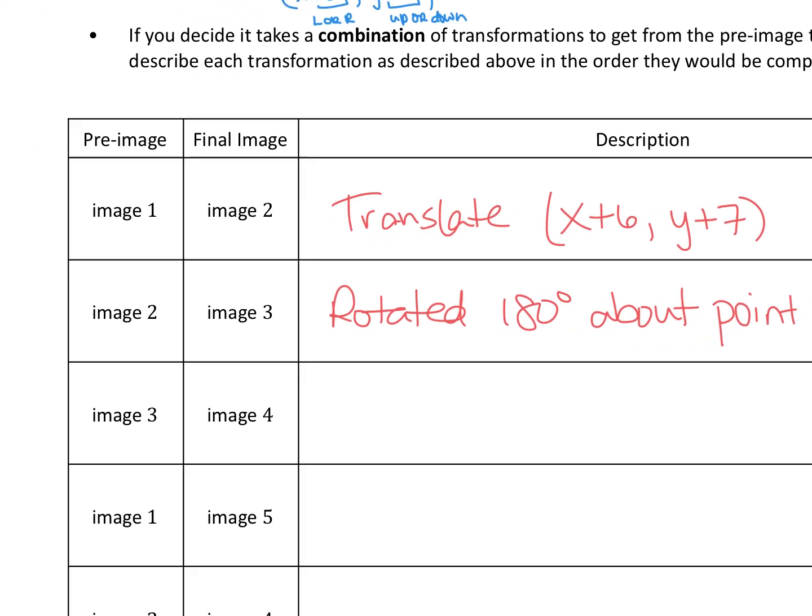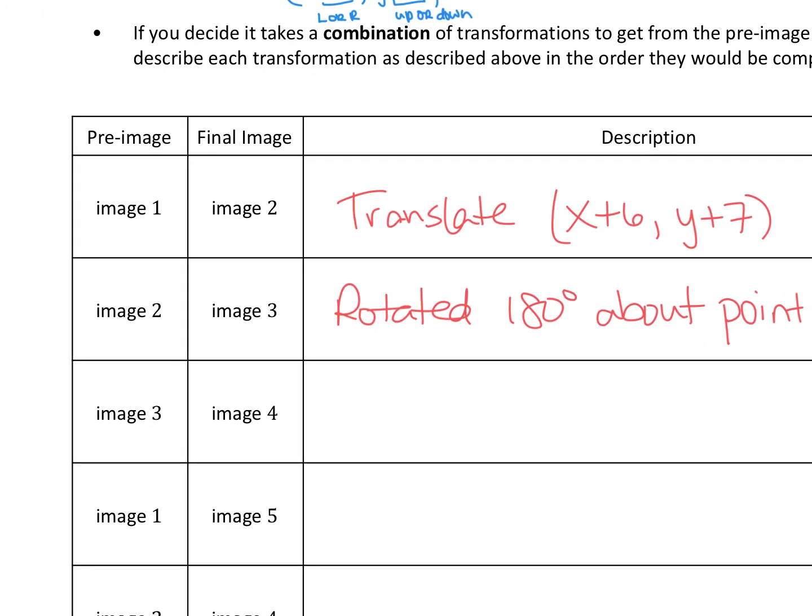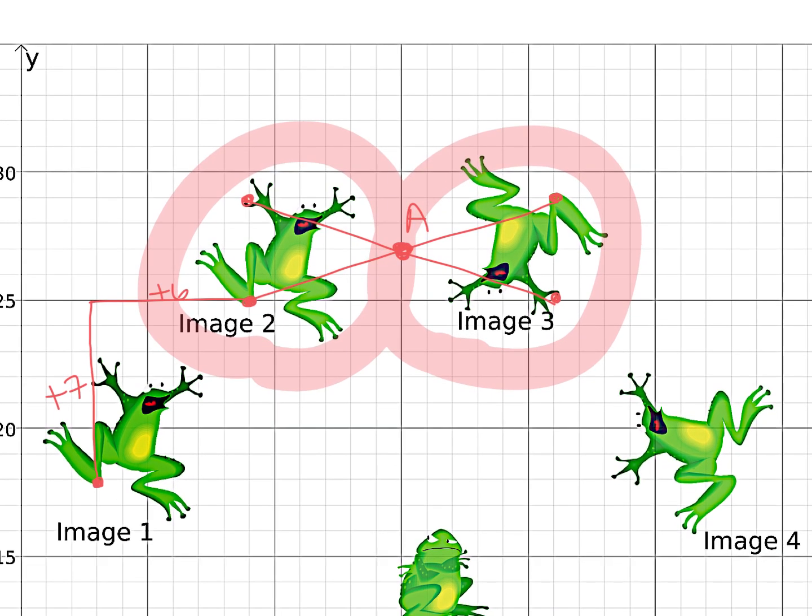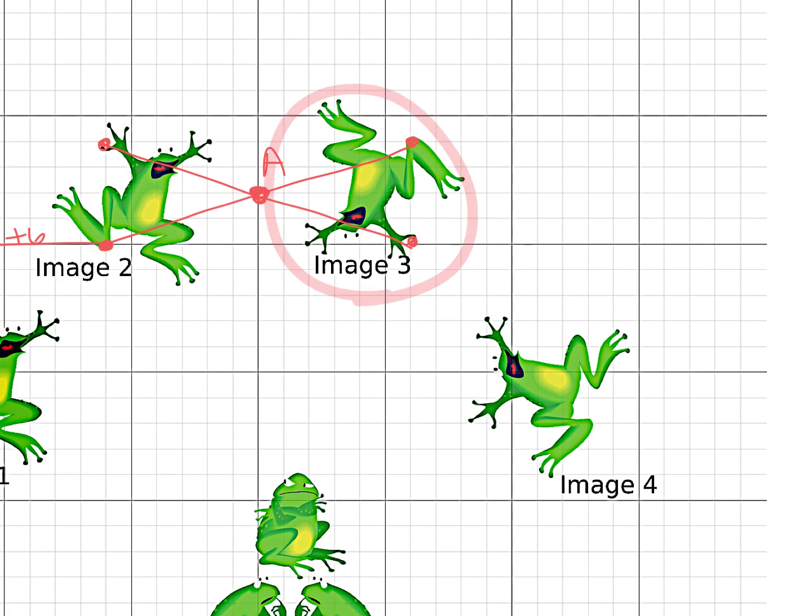So our next one is from image 3 to image 4. So let's figure that one out. How did we go from image 3 to image 4? So from here to here. Okay, so just looking at the frogs, his head is down in image 3 and his head is to the left in image 4.